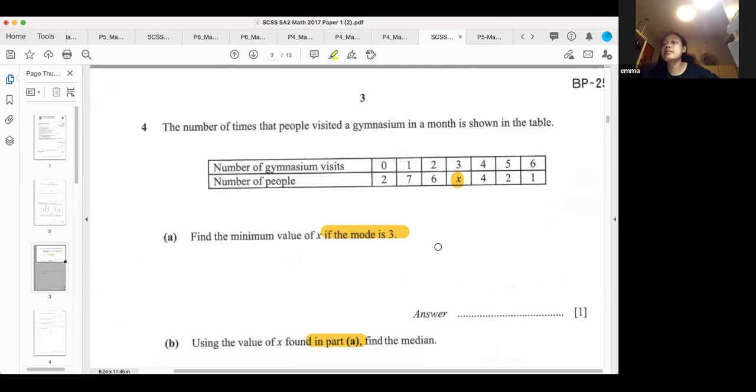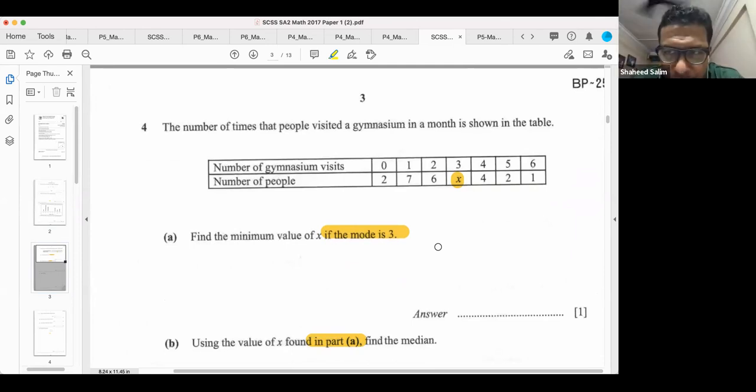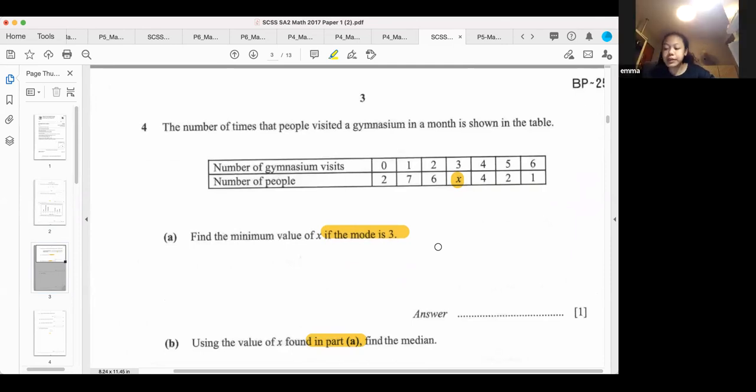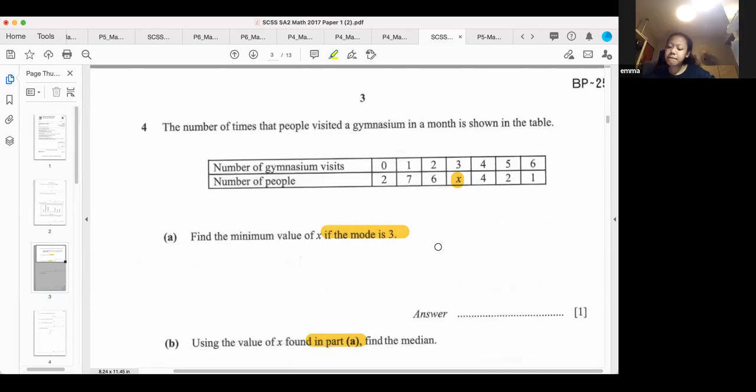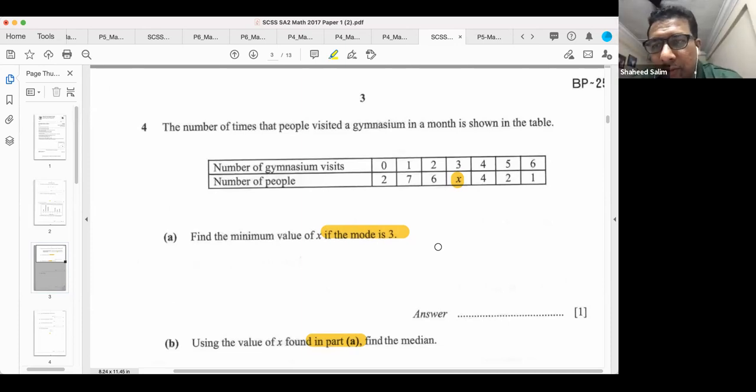So how do you find the middle position? n plus 1 divided by 2. Okay, so you will get 15.5. 15.5 means you must take the 15th and 16th answers divided by 2 now. So what is the answer? What is position 15? Can you tell me the value?